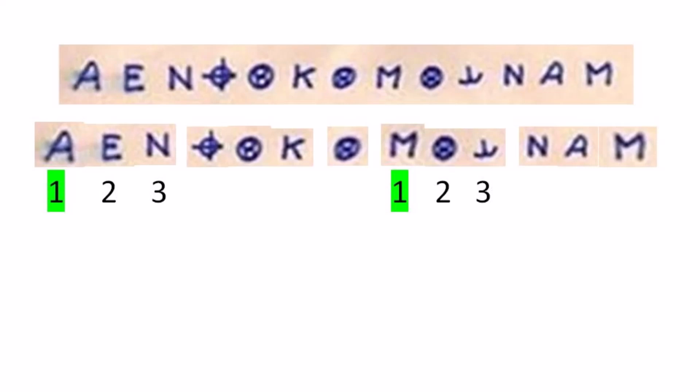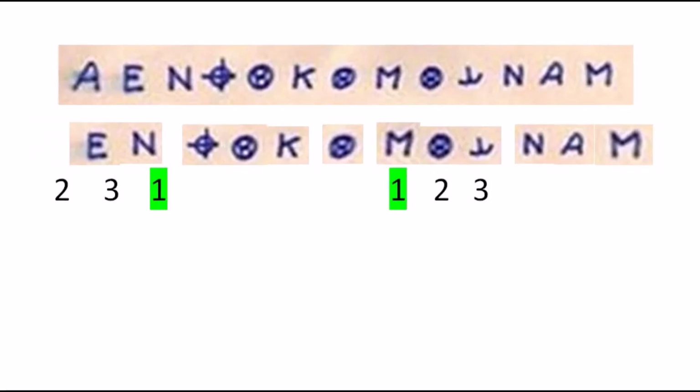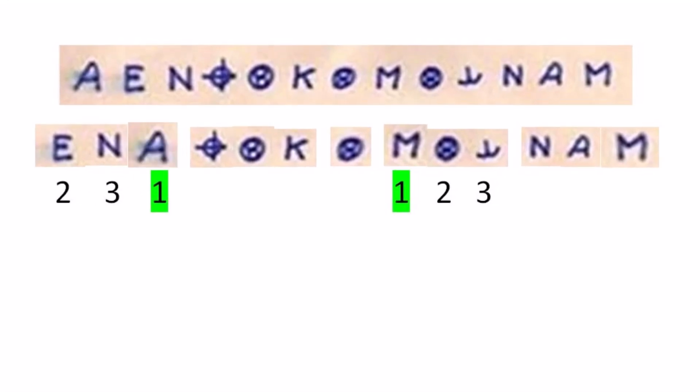Now we are about to execute our first step. The first character of the first group has to be moved to the 3rd place in this group. This means that the second character has to be moved to the 1st place and the former 3rd character has to be placed to the 2nd position.